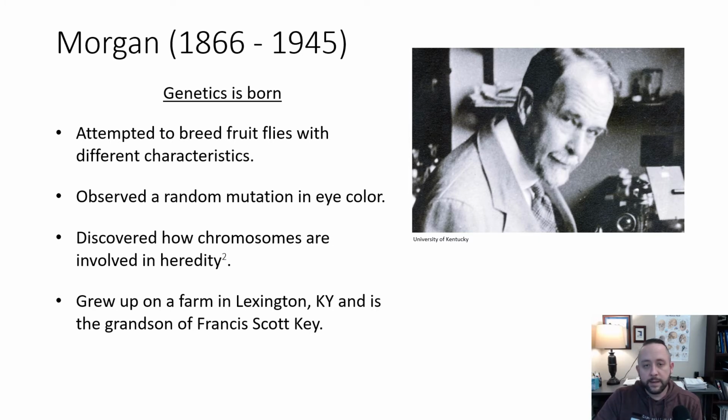And he started thinking, well, how did that come about? Ultimately, he was credited with discovering that chromosomes are responsible for things being passed on through heredity. He was also from Kentucky and attended the University of Kentucky.